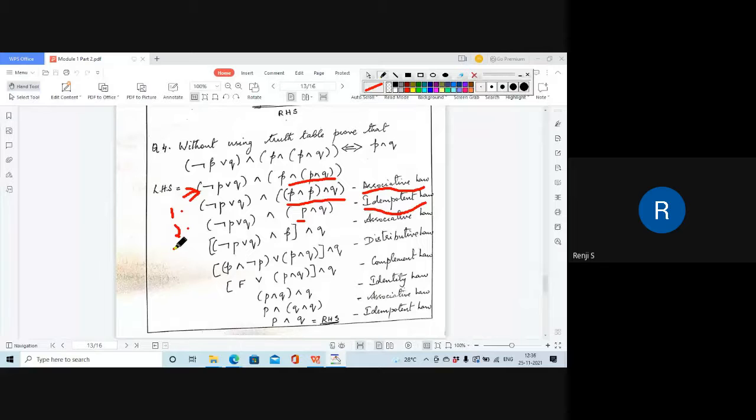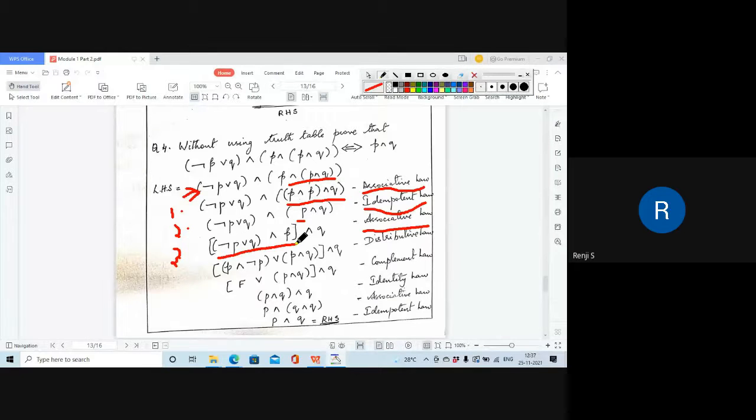Now, what are we going to do in the third step? I again applied the associative law here. I grouped this part with this P. I grouped this P with the not of (P or Q).